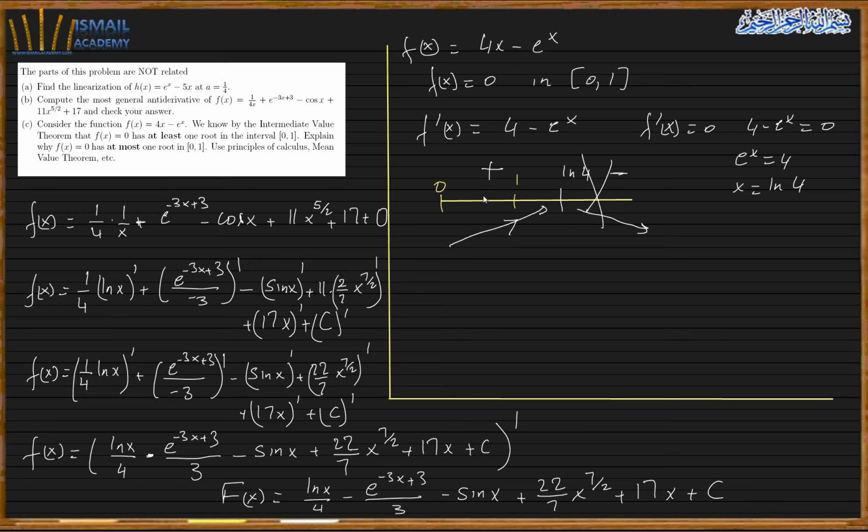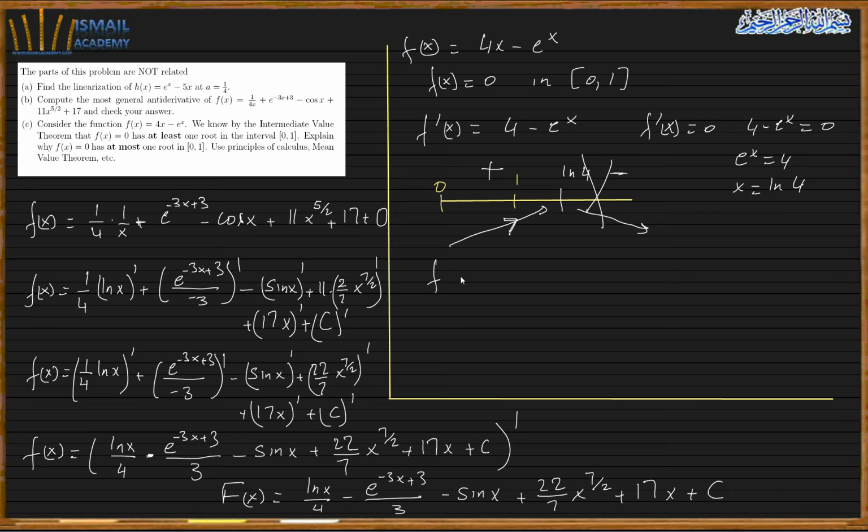It takes only one direction and doesn't change direction on the interval 0, 1. So if at 0 f is negative and at 1 it is positive, going from 0 to 1 it's going to cross the x-axis only once, because it's increasing and does not change direction. This is why the function has at most one root in the interval 0, 1.